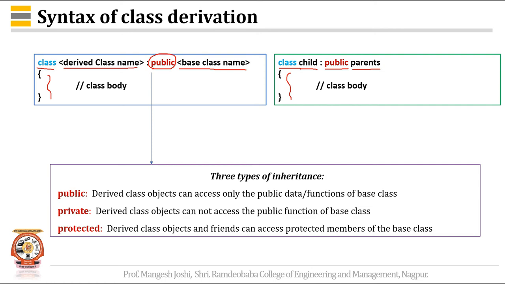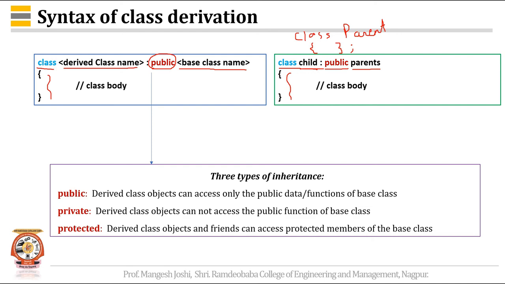For example, you have to derive a class from parents. Okay, and then you have to give the body of the parent class above this. Okay, and then you will be deriving the child class after writing the parent class.